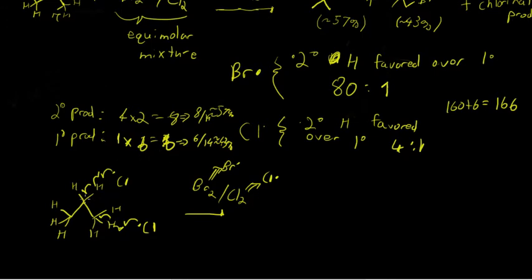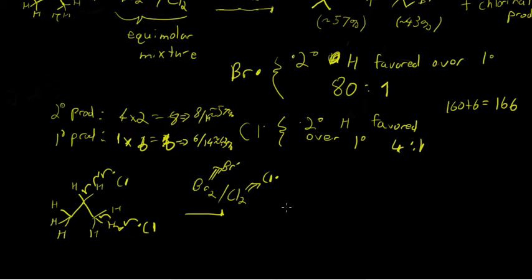But abstraction of a secondary hydrogen with chlorine is only 4 times as likely to occur as that of a primary hydrogen. So regardless, when you have bromine and chlorine in the mixture, it's chlorine that's going to be doing the abstracting the overwhelming majority of the time. It's so much more reactive.